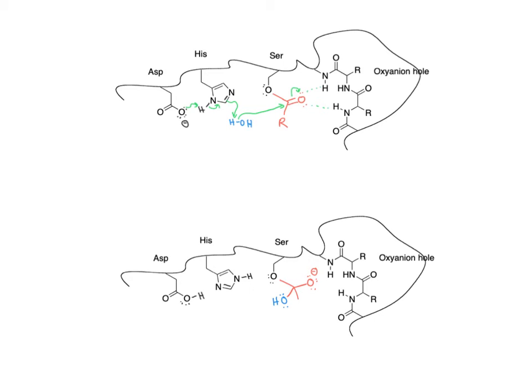And it's just an OH because we already removed that hydrogen, and now that hydrogen is over here. And our R group is down here. And again, that negative charge is being stabilized by the hydrogen bonding to those groups there.